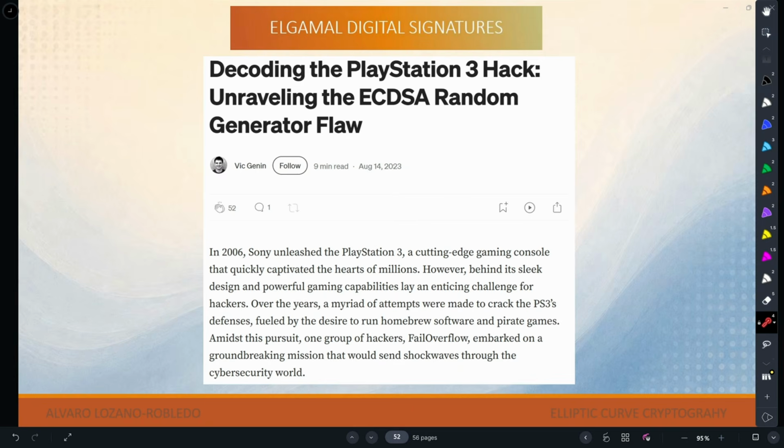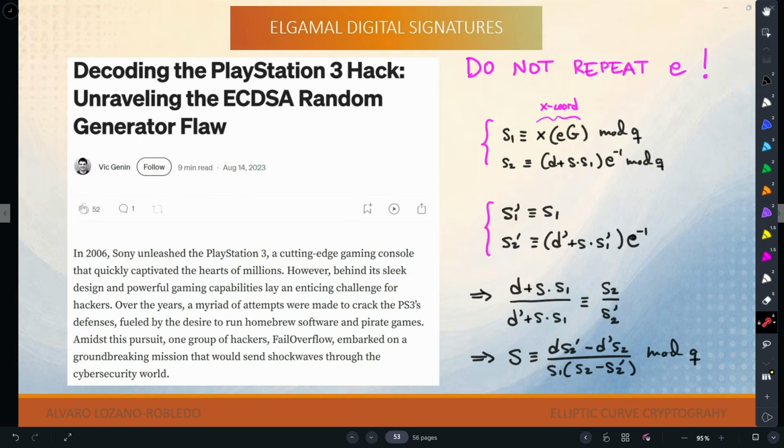But what happened was that they were using the elliptic curve digital signature algorithm, and they set it up wrong. These PlayStations did not have a connection to the internet, so they had to set up the elliptic curve digital signature algorithm once. And what they did is that E was fixed.